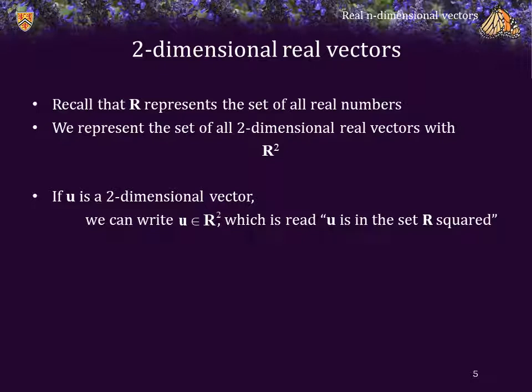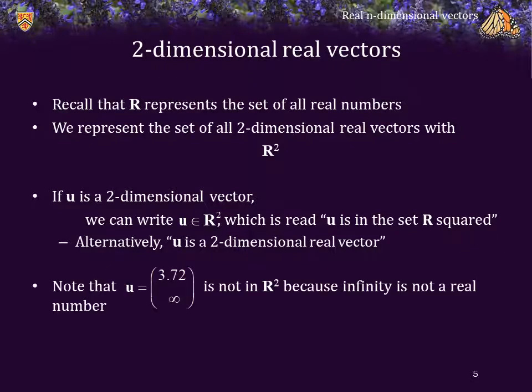The symbol that looks sort of like an E says that u is an element of, but it can also be read as u is in the set. Alternatively, we may simply say or read this as u is a two-dimensional real vector.